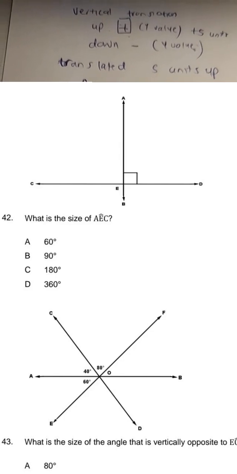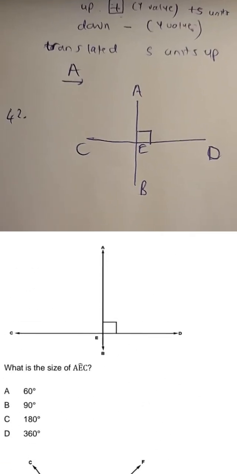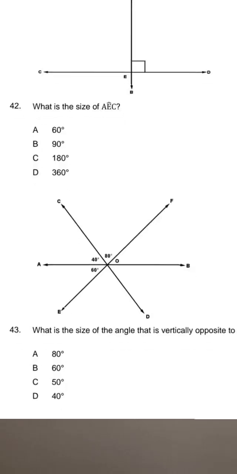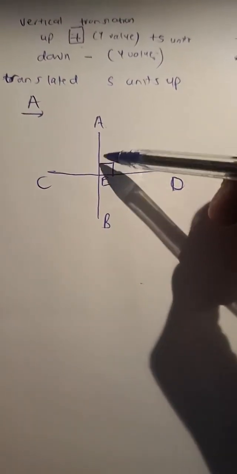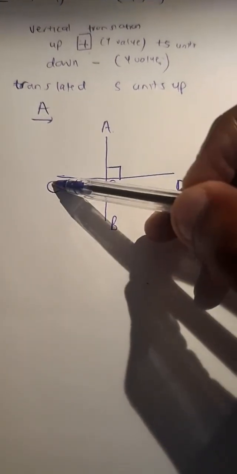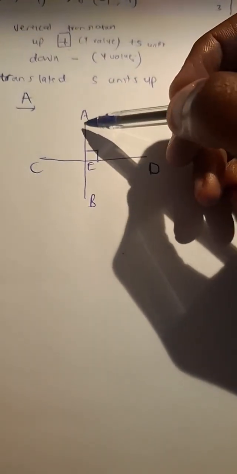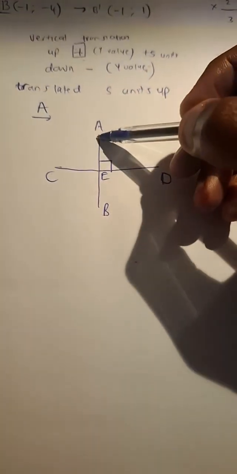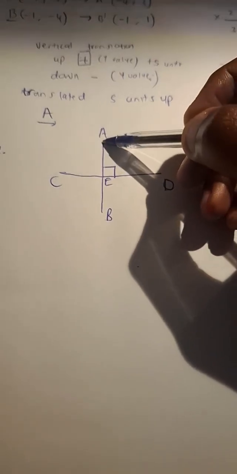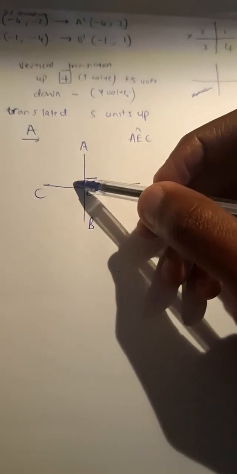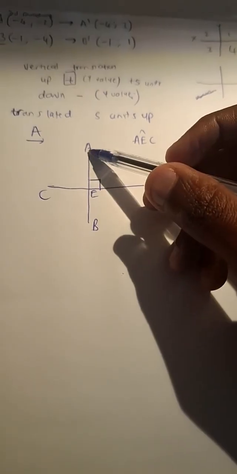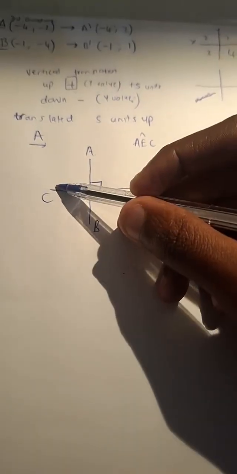Now, guys, I want to just take this down for a moment. This is what they mean by angle AEC. You move with the letter A to E to C. Angle AEC is this angle on this side, because we move with the letters AEC.